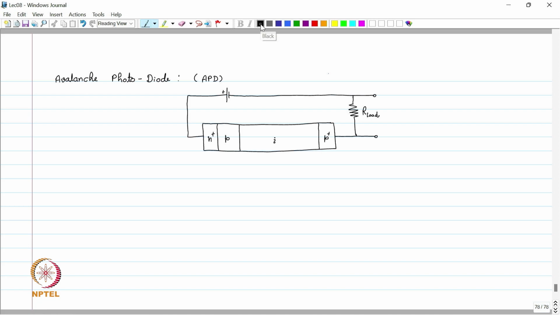If we plot the electric field profile of the same structure, it looks something like this. We have a very high electric field buildup in the vicinity where N plus and P are joined together, because this is a very heavily doped region, so the electric field will be very high there.